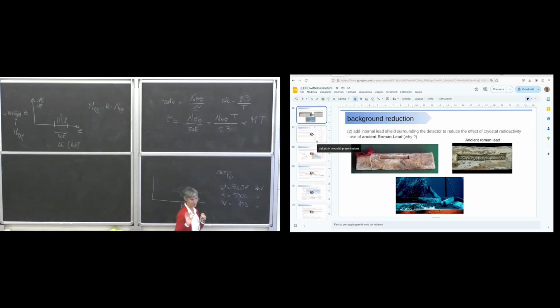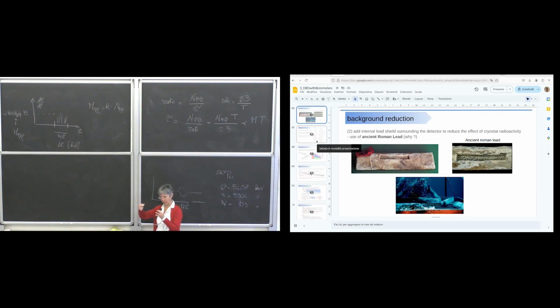Not all lead is identical from the point of view of mechanics, but that's a different story. My need is to use lead simply because it has a very high density, so it's a very efficient shield.